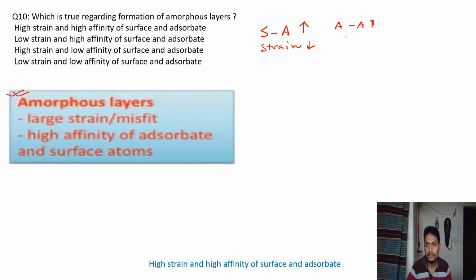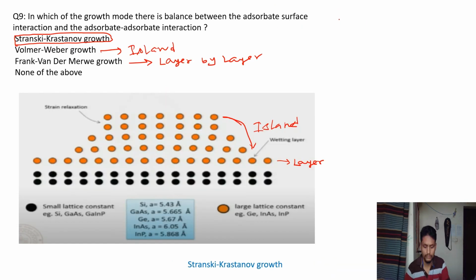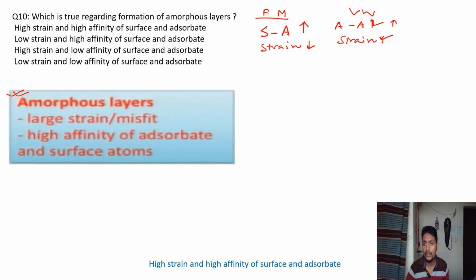Adatom interaction is higher. Strain is there, and adatom interaction is higher. So this is my FM. This is my, what it is called, VW. And when there's a balance, that is Stranski-Krastanov.